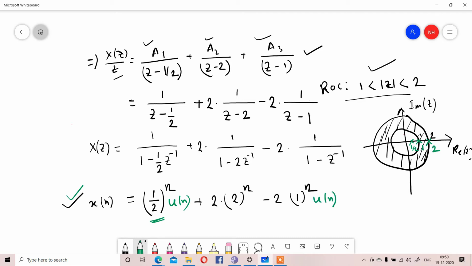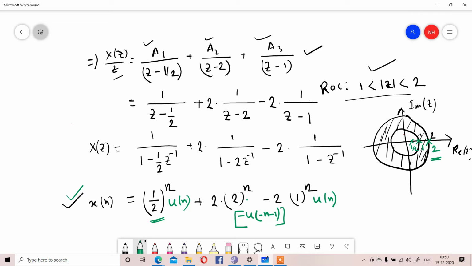And for 2, it is anti-causal, as the pole is on the right side of the ROC. So for 2 it will be anti-causal, and for anti-causal that will be multiplied by minus u[-n-1]. So that should be your final result.